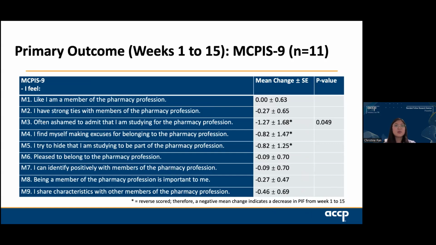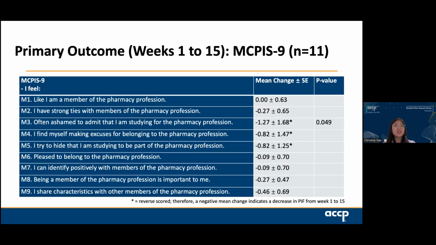Looking at the primary outcome for the Macleod survey, we can see that there is actually 0 or negative change in the mean score from weeks 1 to 15. Like I said before, questions 3 through 5 are negatively phrased, but we did reverse score these. So these negative mean changes mean a decrease in professional identity formation.